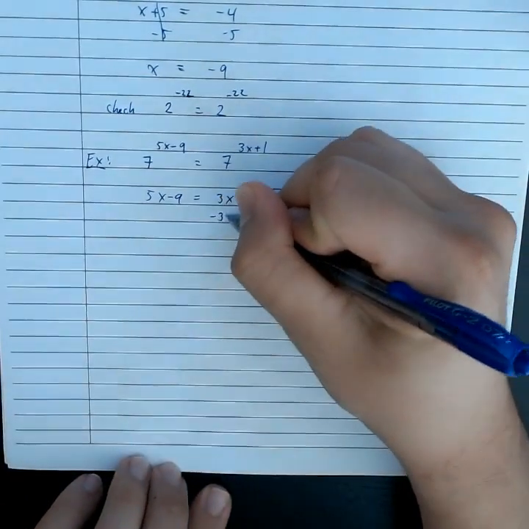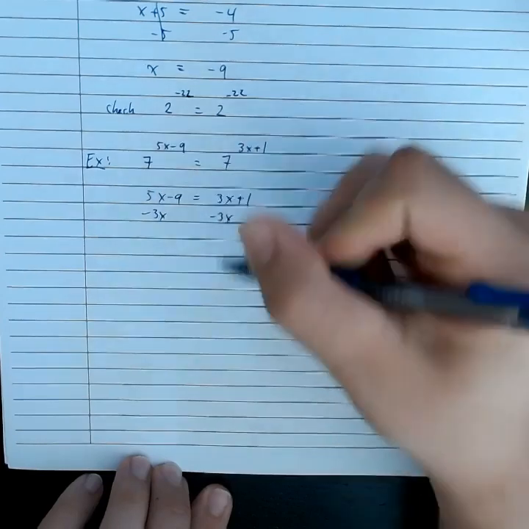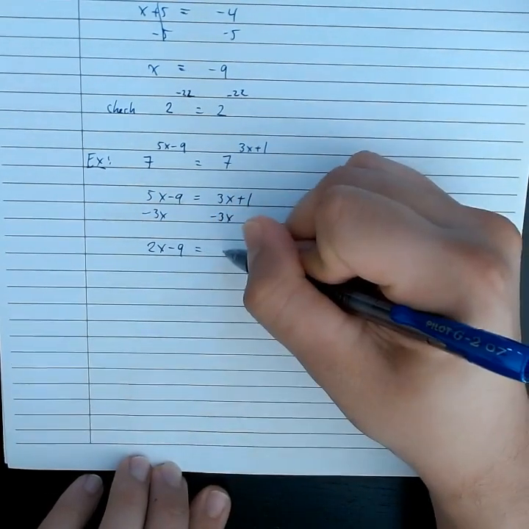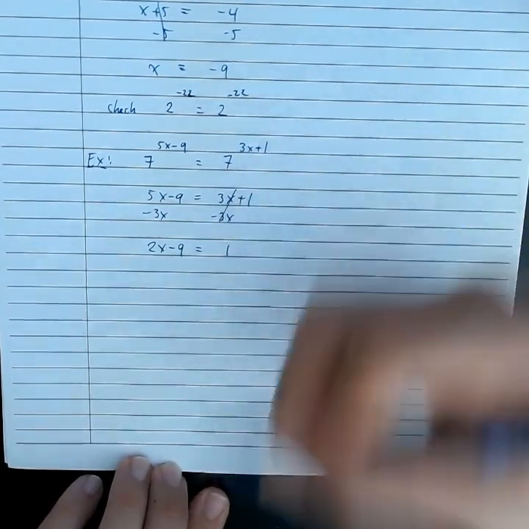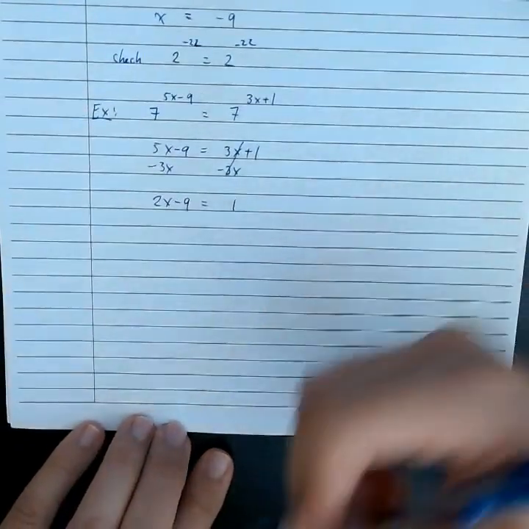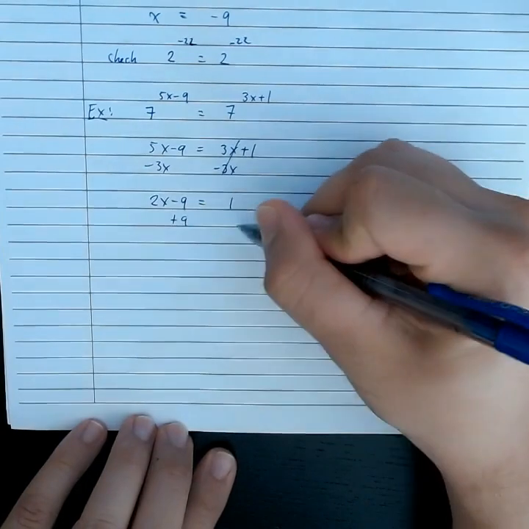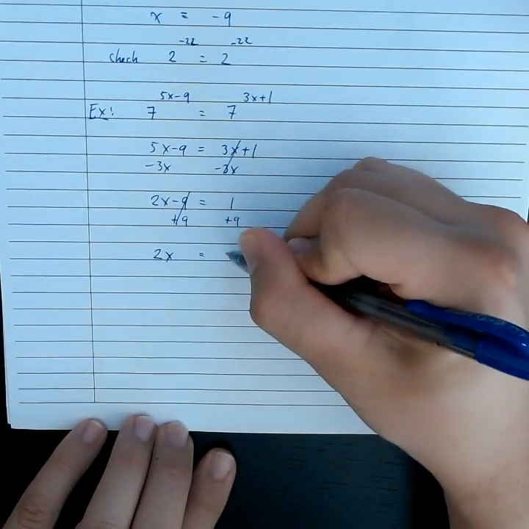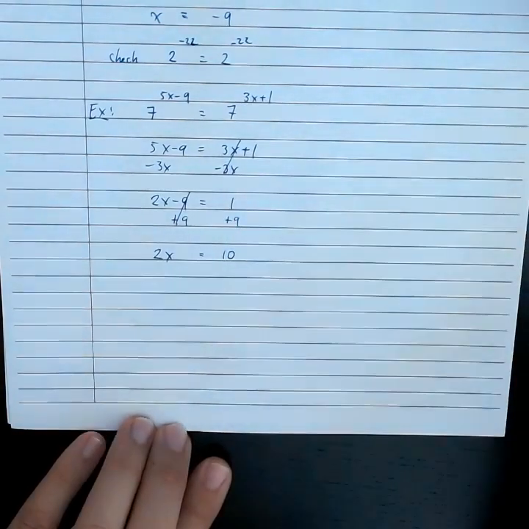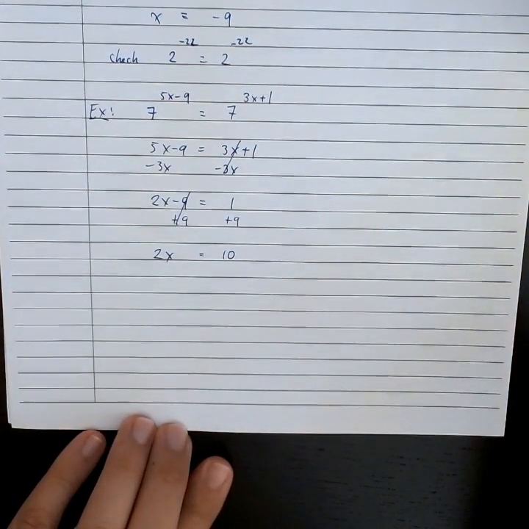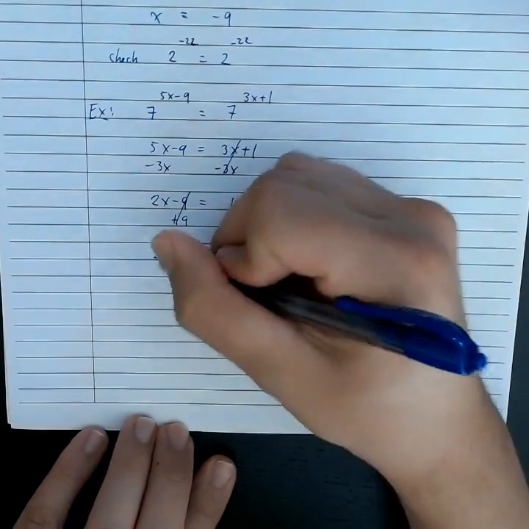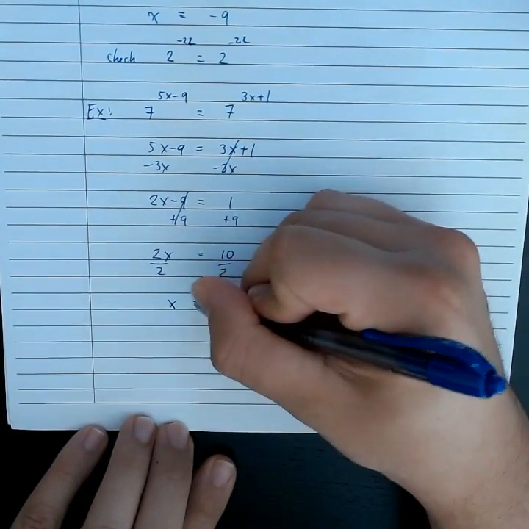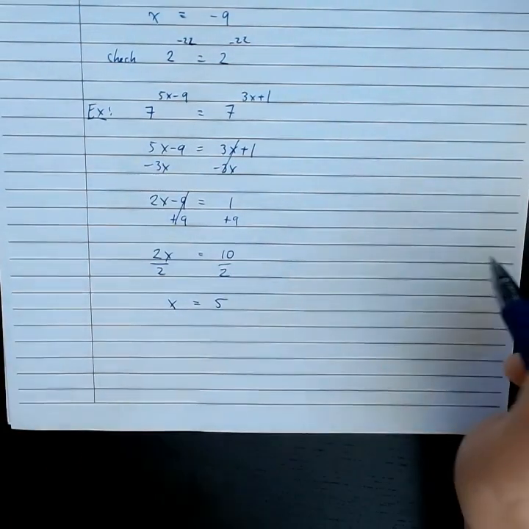So I could subtract the 3x from both sides, and that would give me 2x minus 9 equals 1. After all, these are gone now. And I could add 9 to both sides, and that would give me 2x equals 10. And finally, I can divide both sides by 2, and that gets me an answer of x equals 5.